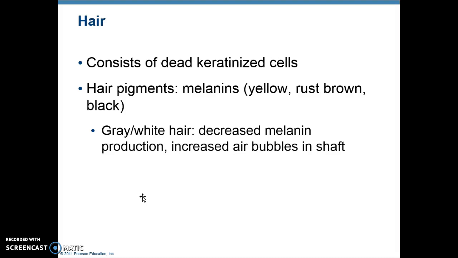Then you have hair. We're not going to worry too much about hair. Really, you just want to know that it's dead keratinocytes. So the cells that make up your skin are the same thing that you find in hair, only they're compacted much more and they have melanin within them. And it's different ratios of one type of melanin versus another that leads to blonde hair versus brown, red, or black hair.